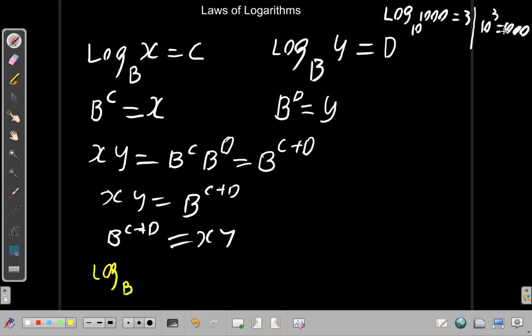Let's look at the index form first, because we have this in index form and we want to write it in log form. In index form, you have 3 as the index, but in log form, it is the answer. You say equal 3. Here, the index is c plus d. In log form, you should have equal c plus d.